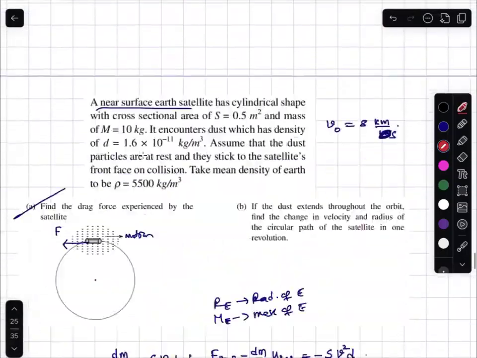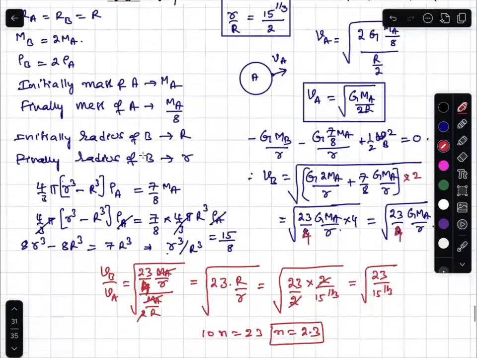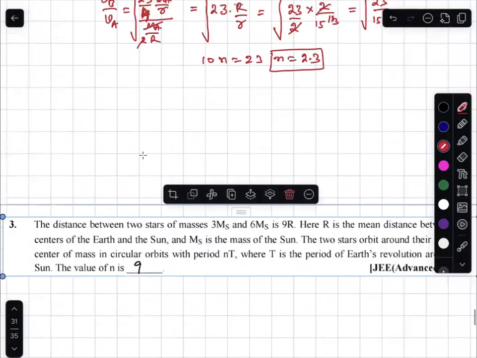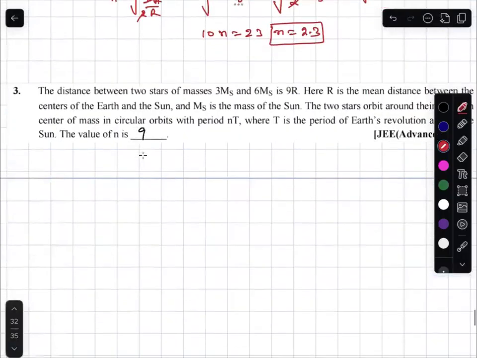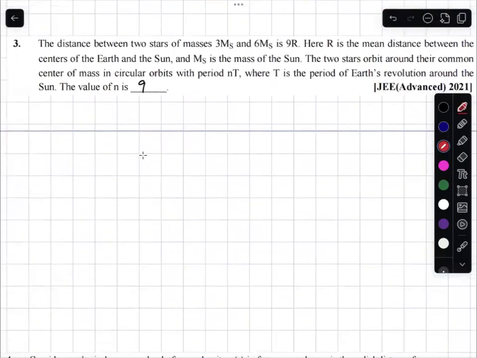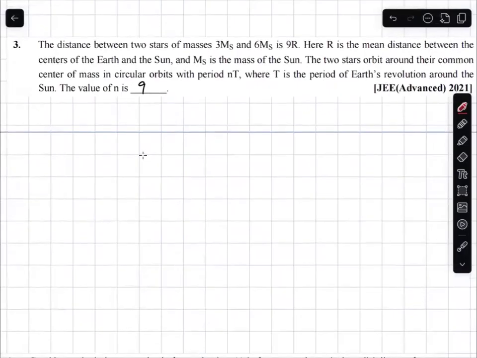Right, we'll go to the question. Now I am speaking about this particular question. First of all, everyone, try to see the question. The distance between two stars of masses 3 Ms and 6 Ms is 9r, where r is the mean distance between the center of the earth and the sun. Ms is the mass of the sun, in the units of the mass of sun I have given.